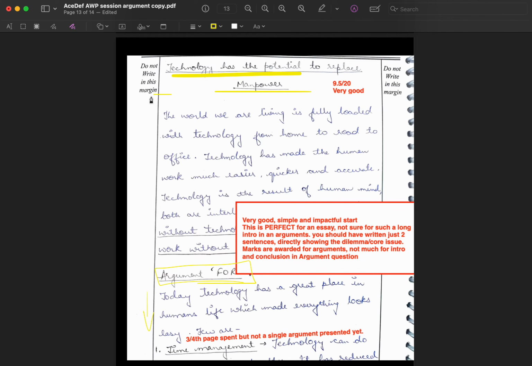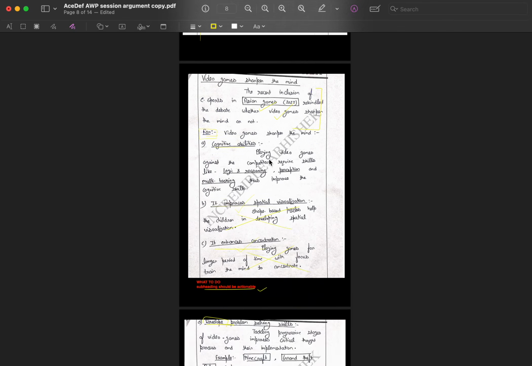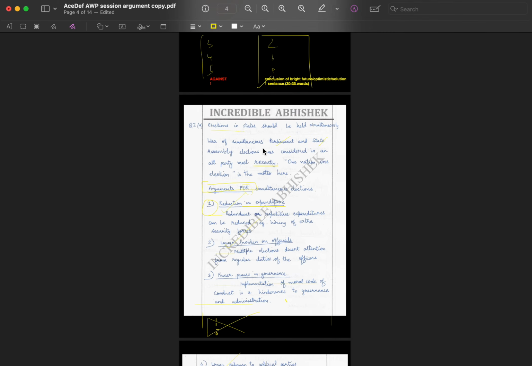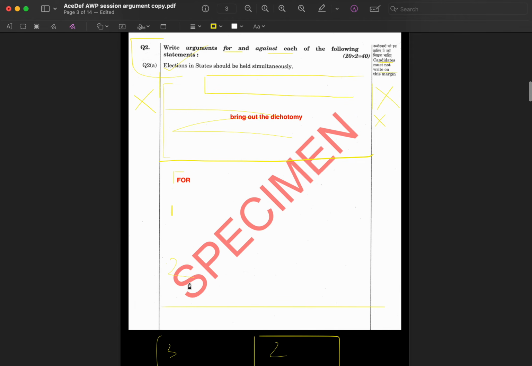But this candidate has given half or almost two-thirds of the page to writing an introduction. Now what did I explain over here in the starting, in the what to do things? That you should bring out the dichotomy within this space only, and you start with the for, right from the half a page and less than half a page if possible.